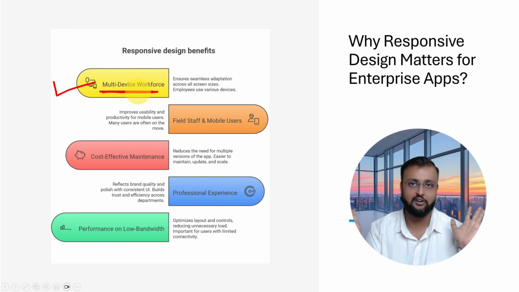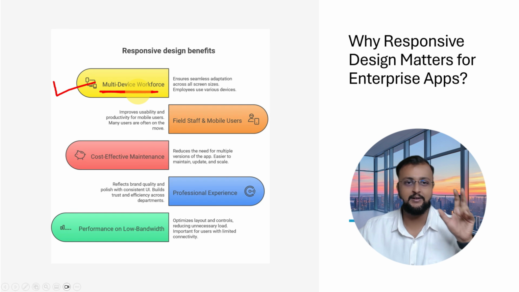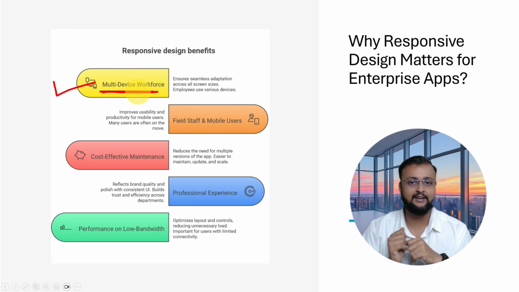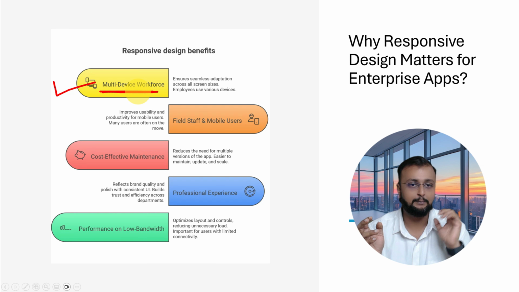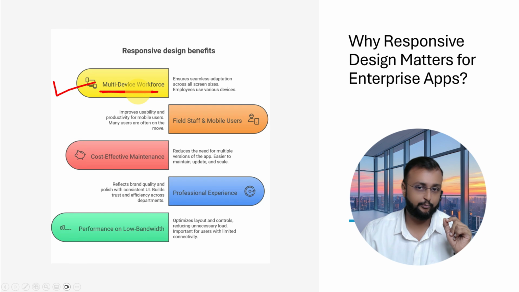They have small workstations where probably their admins are working, with big screen computers, but most of the people are going to access via mobile. They are just taking photographs and uploading something. So in those cases they obviously require a responsive app design.